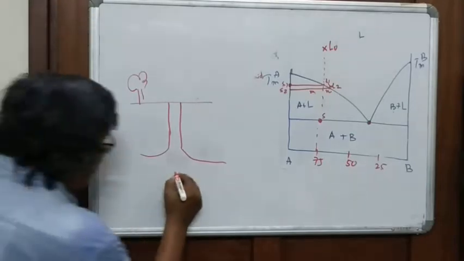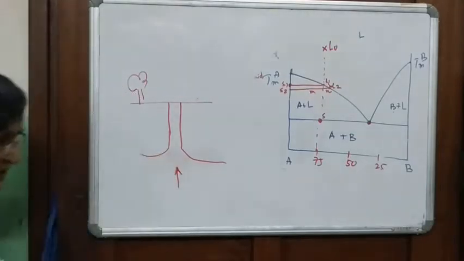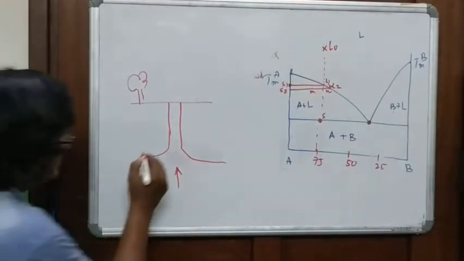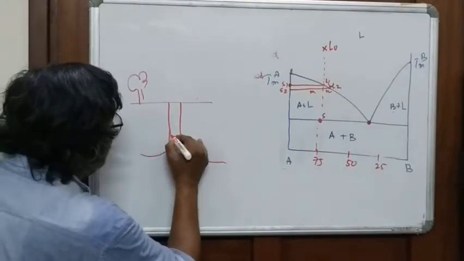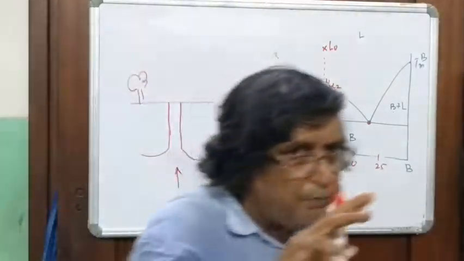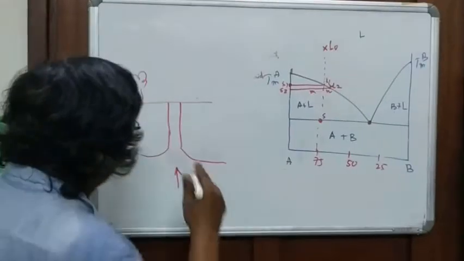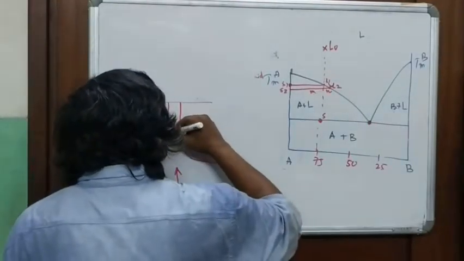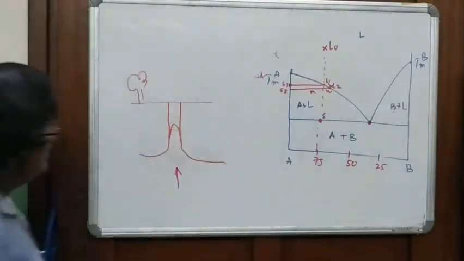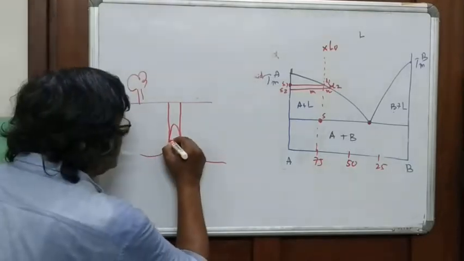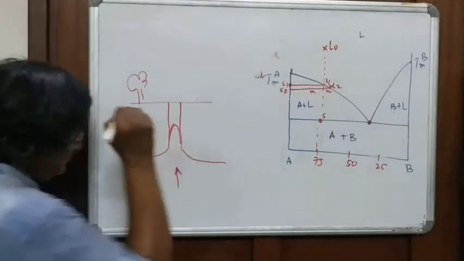So if the magma is ascending in this direction, what will happen? The velocity profile of the magma would be something like this. This would be the velocity profile of the magma.